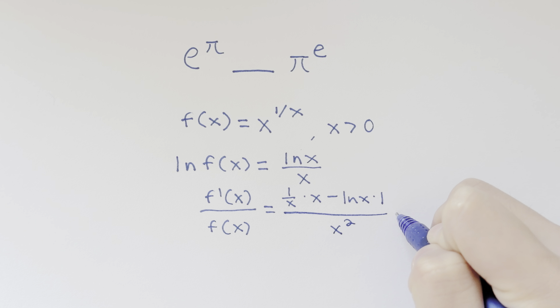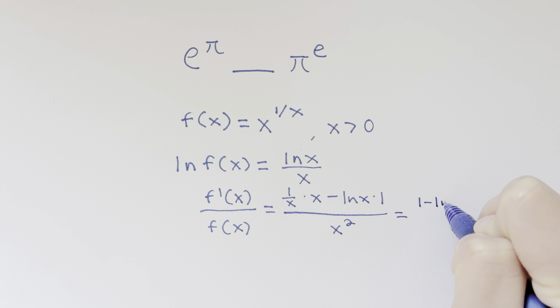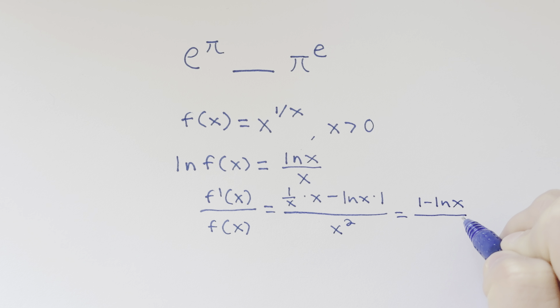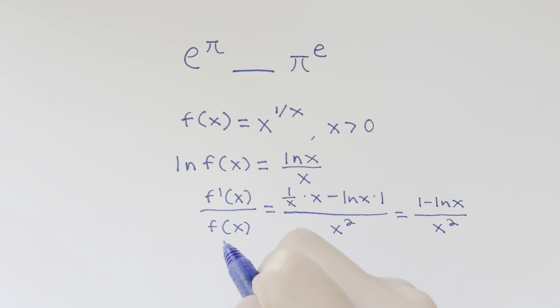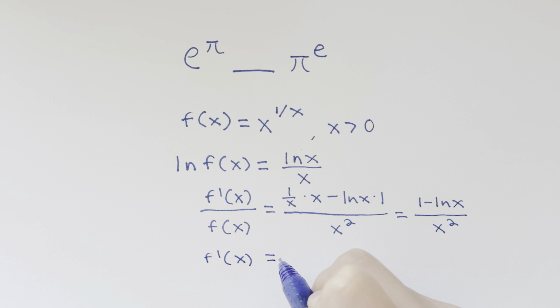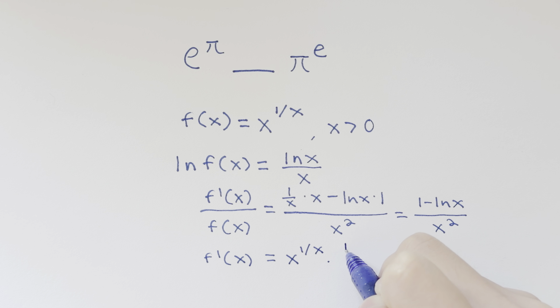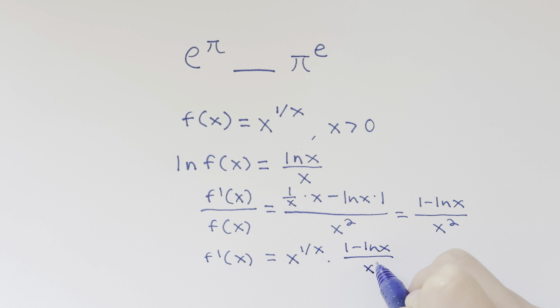And this will equal 1 minus ln x divided by x squared. So f prime of x is equal to x to the power of 1 over x times 1 minus ln x, divided by x squared.